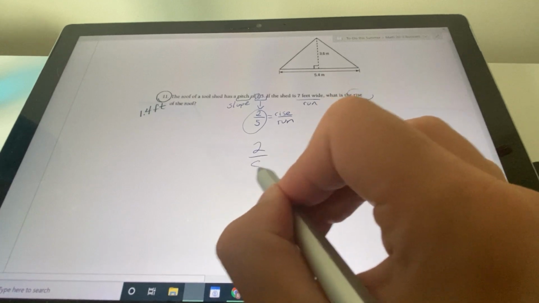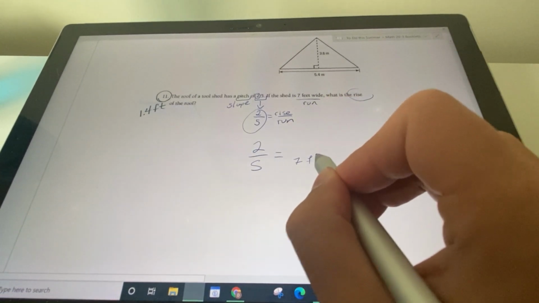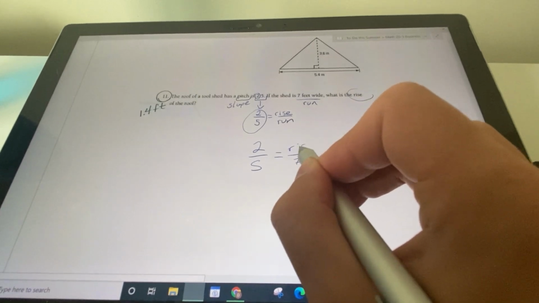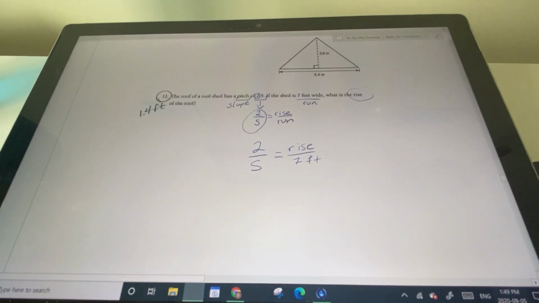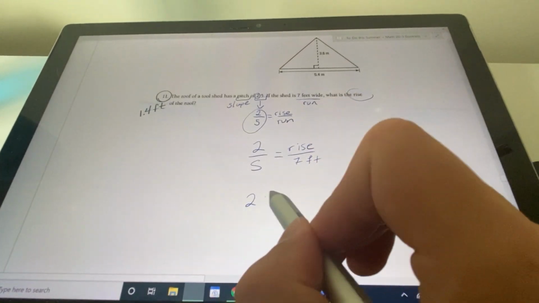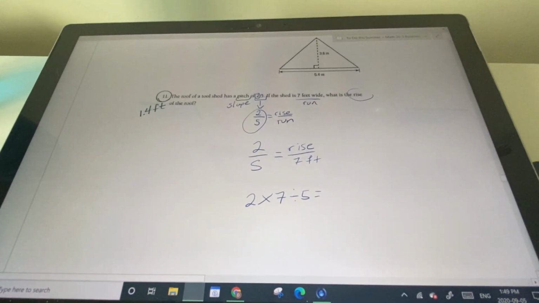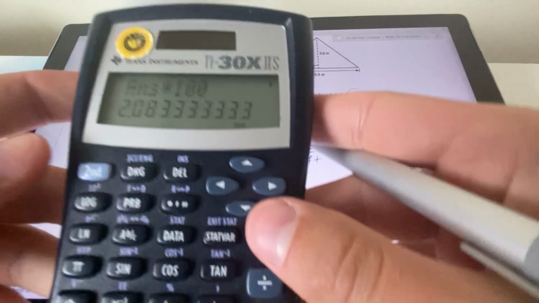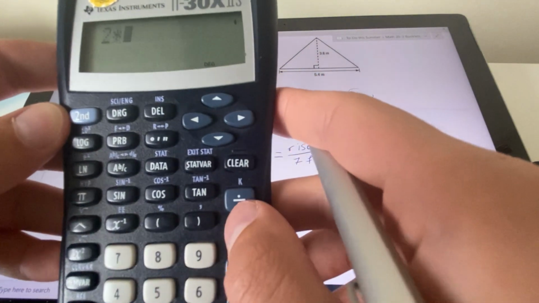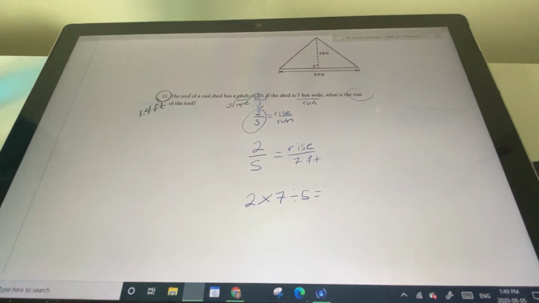So 2 over 5 equals, remember this is run, we're always going to put on the bottom, 7 feet over rise. And in that case, we can cross multiply and divide. So here, 2 times 7 divided by 5, which gives me 2.8.